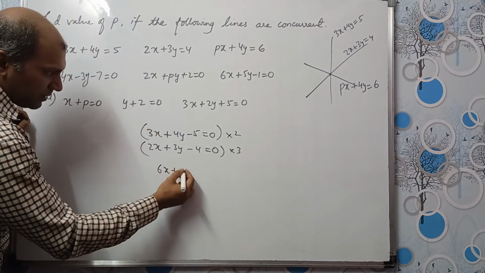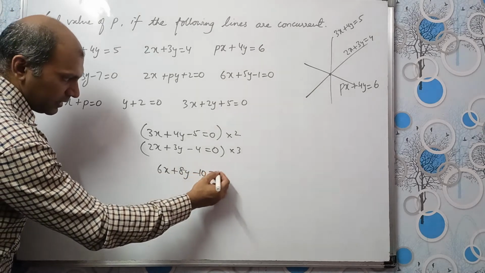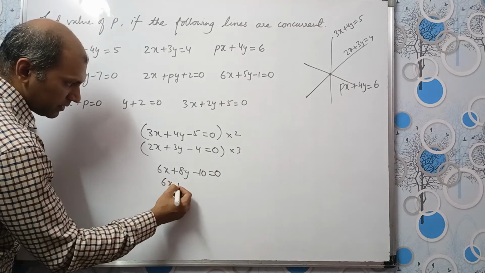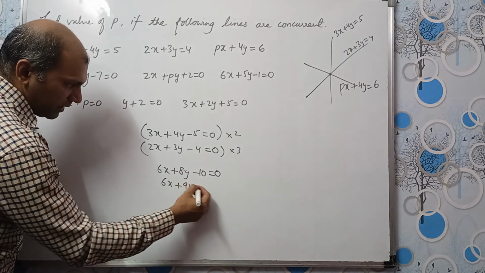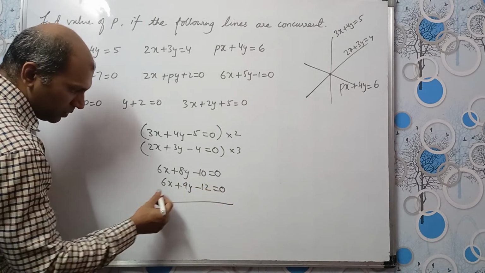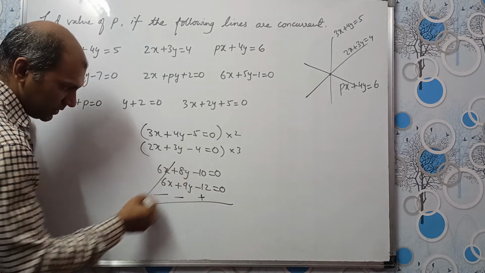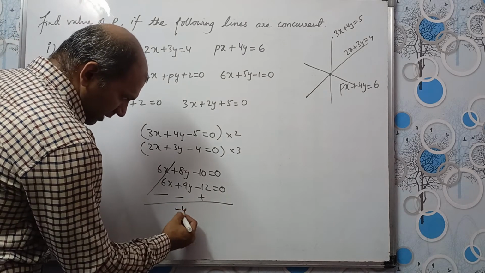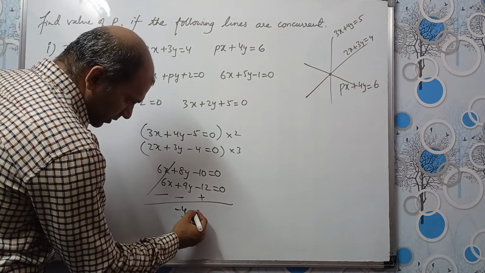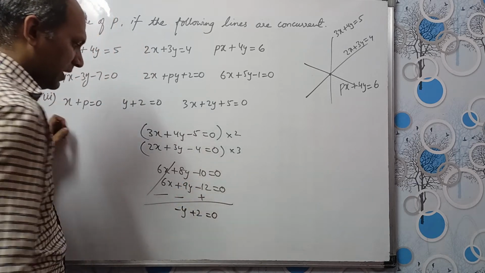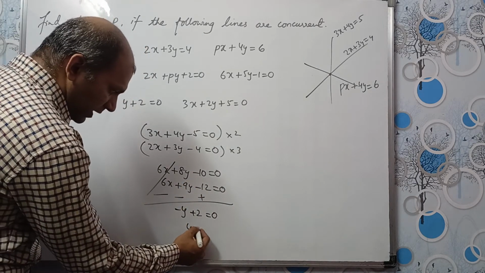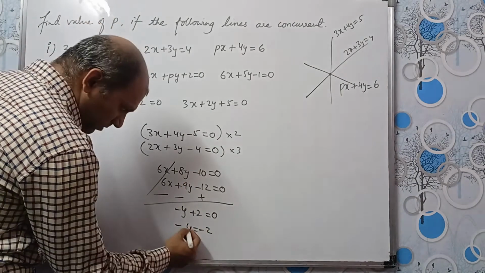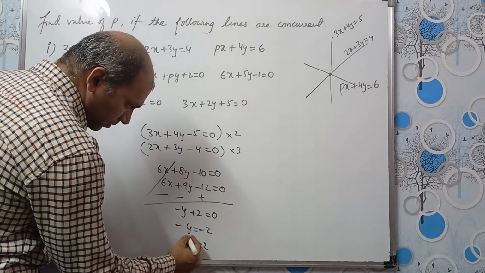So it is 6x plus 8y minus 10 equal to 0, and this is 6x plus 9y minus 12 equal to 0. Signs will change. X terms got cancelled, right? So this is minus y, plus 2. Minus 10 plus 12, right? So y value will be equal to 2.